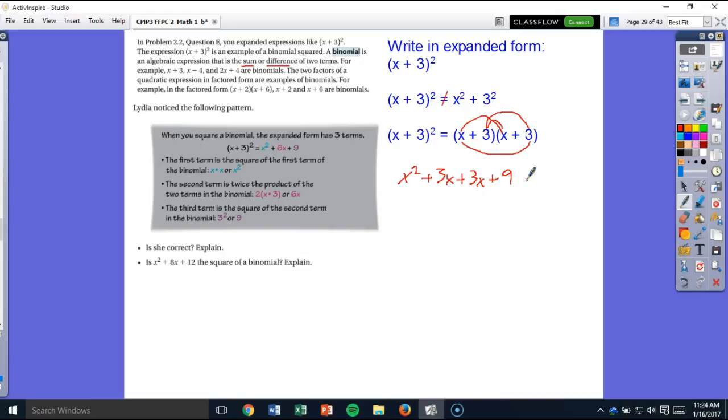So hopefully you can see how that works: if you are given a binomial that is squared, you are going to wind up with this pattern that Lydia suggested. The first term is squared, then 2 times the second term, or 2 times 3 is 6, for the middle term, and then squaring that second term, this last term in here, to get our final 9.